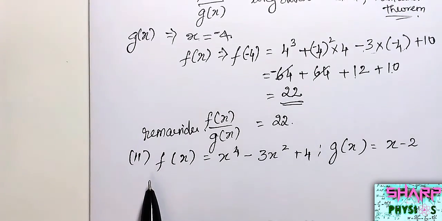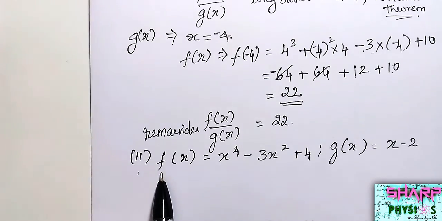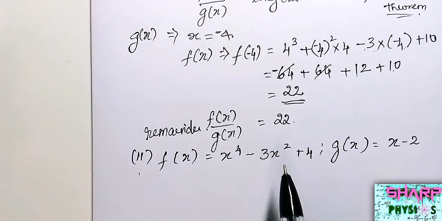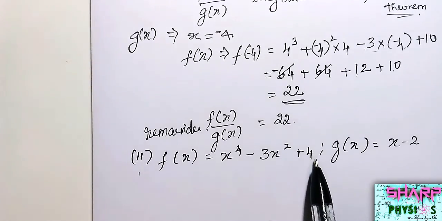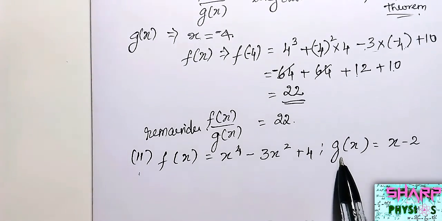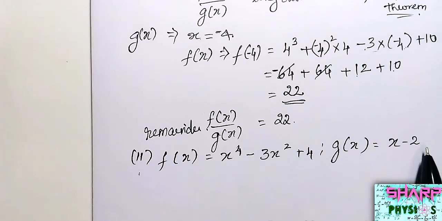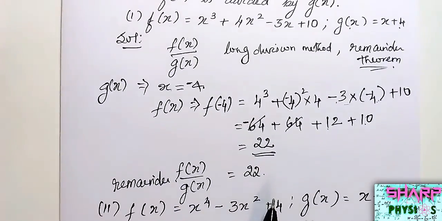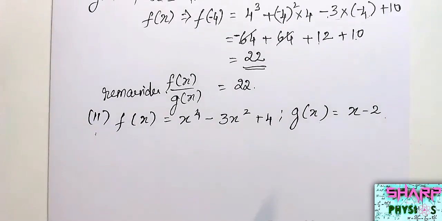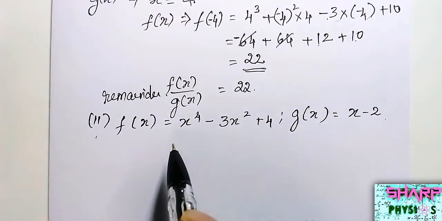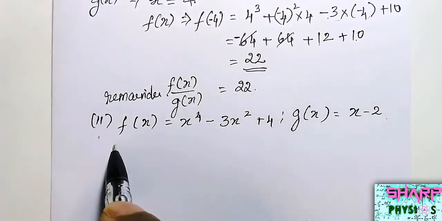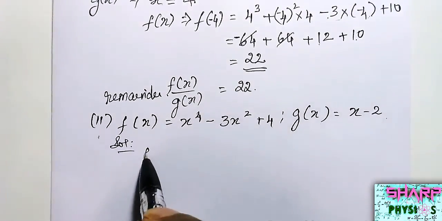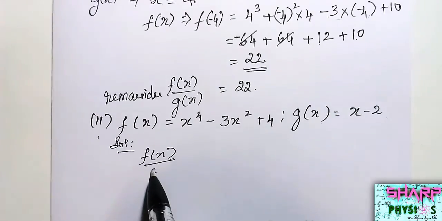So again we will see the second part in that. F of x is equal to x to the power 4 minus 3x square plus 4, which is being divided by g of x is equal to x minus 2. So you have to put the value, we will solve this one. You have to divide f of x by g of x.